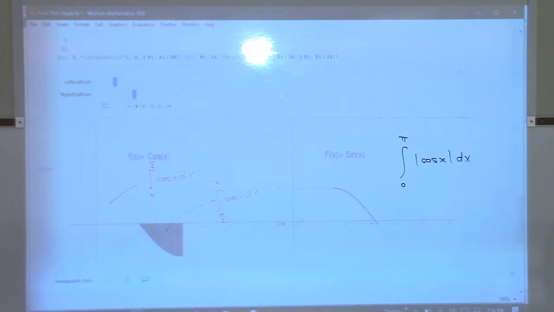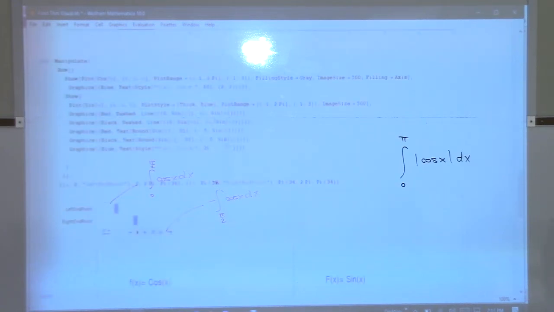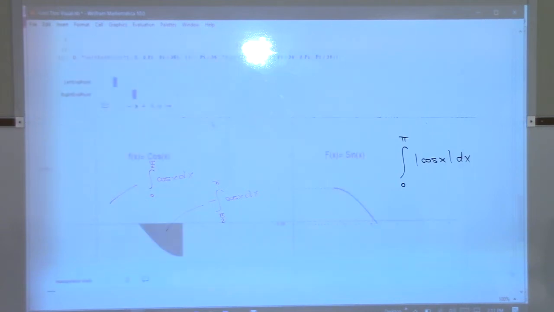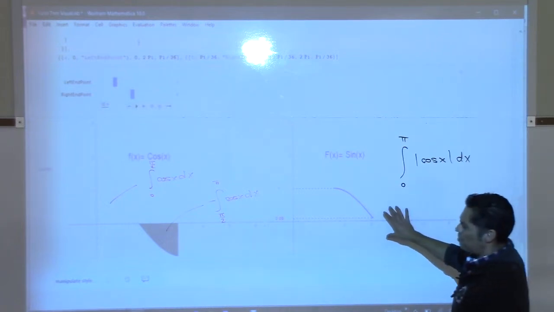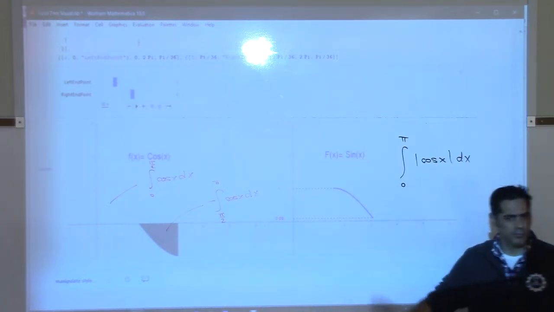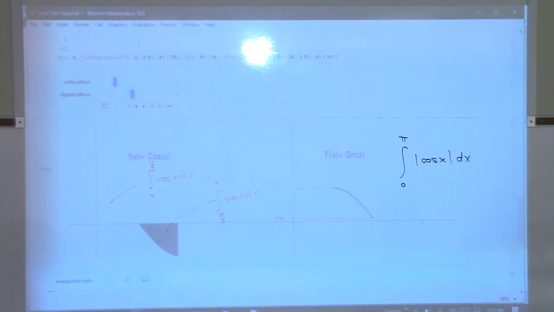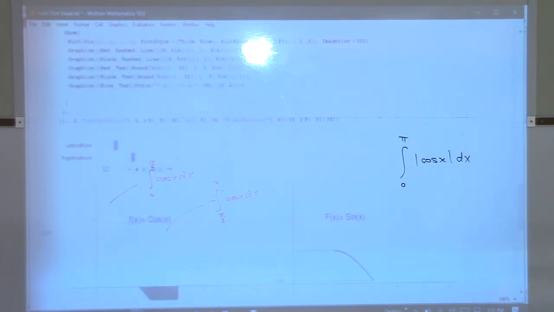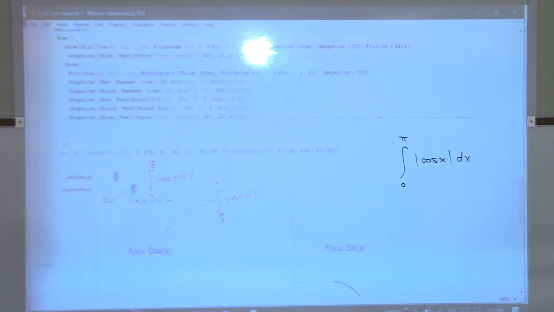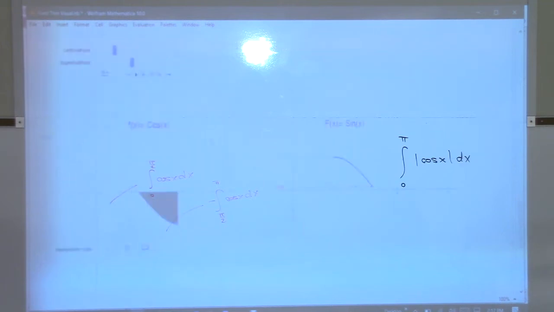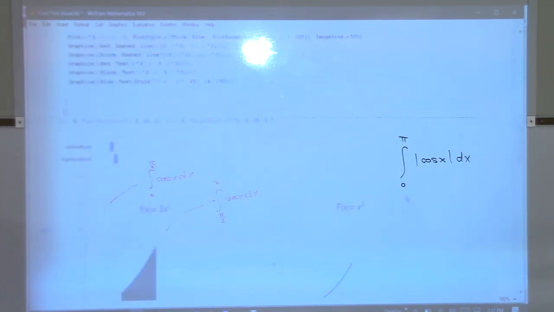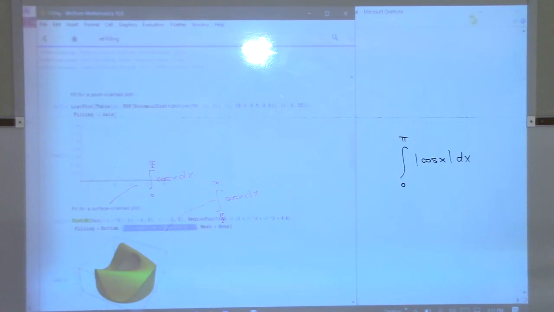Where's the positive area? Maybe I did something wrong. I threw this together really fast. Something is wrong in my code. The math is right, we should be getting a negative answer here. Is the antiderivative of cosine sine? Did I put sine here? Okay, we don't have time to get into why that's wrong. I think you get the general idea, yes?